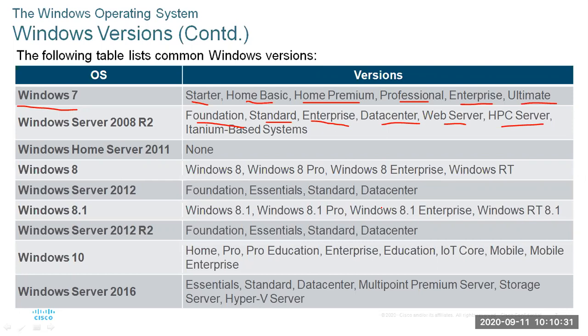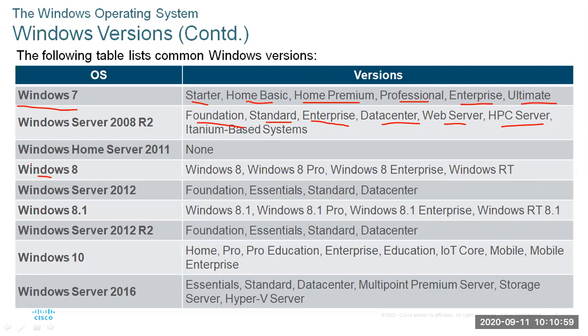You have to know what you are going to use it for, so that you will install the right versions. All these are different operating systems. We have Windows 8, we have the Pro, the Enterprise, and the RT. We have Windows Server 2012: the Foundation, Essential, Standard, and Data Center. We have 8.1.